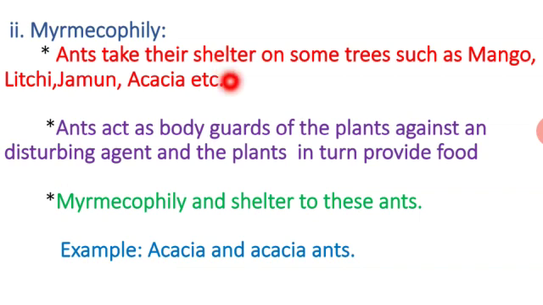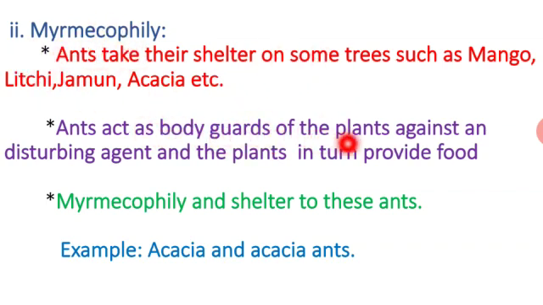And next one, myrmecophily. Ants take shelter in some other trees. You can find a lot of ants in mango trees and neem trees. The ants that take shelter in trees such as mango, lychee, jamun and acacia. Here you will be seeing some of the ants taking shelter in such trees.